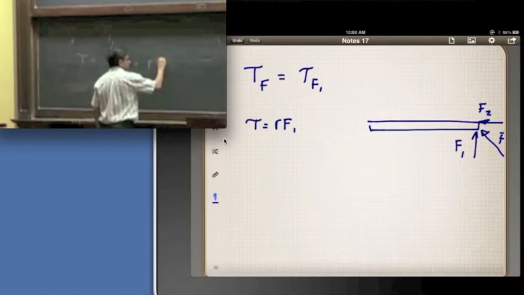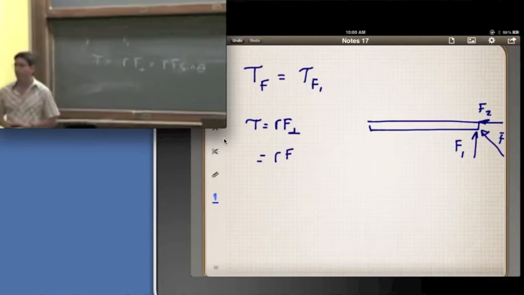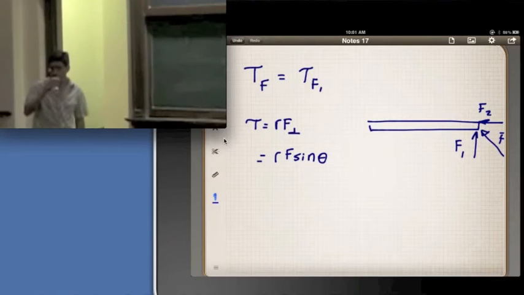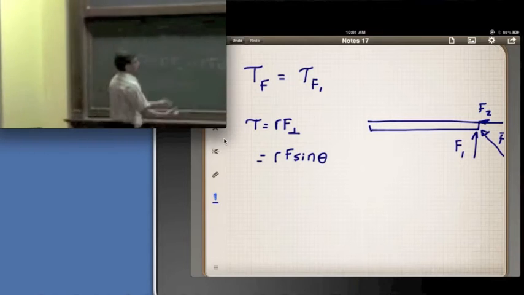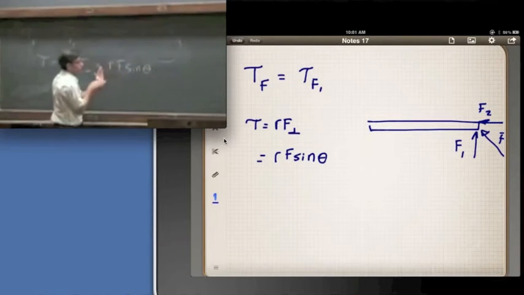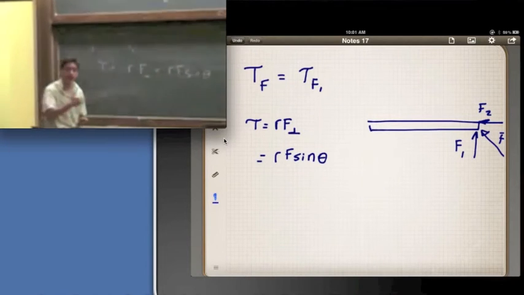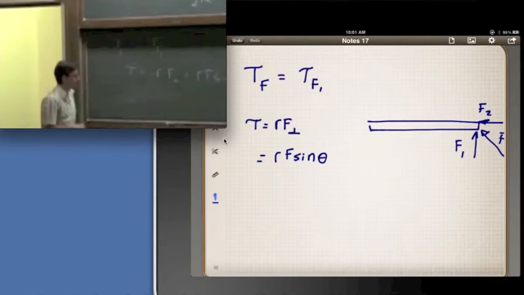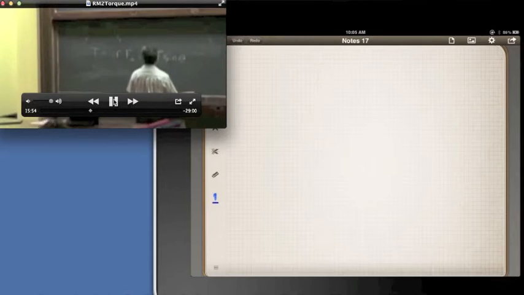Another way to write that is this. That's where the angle came in. When the angle is 0, F has no component perpendicular to the vector r. When the angle is 90, the component of F that is perpendicular to vector r is maximum. It's equal to F. For any angle in between, that contribution is less than F. Let's write this equation in a slightly different way.